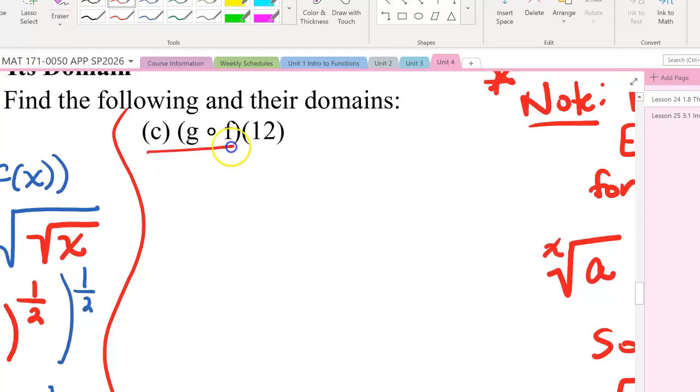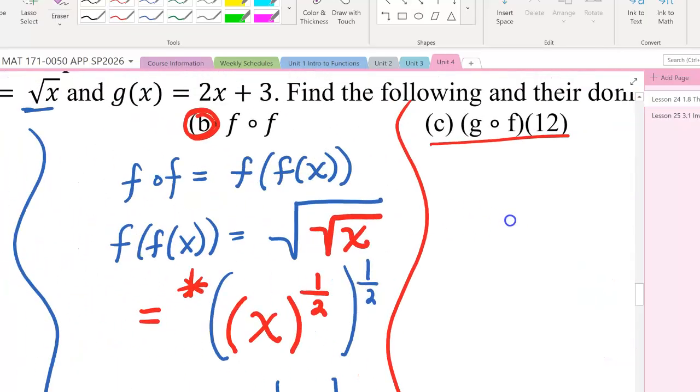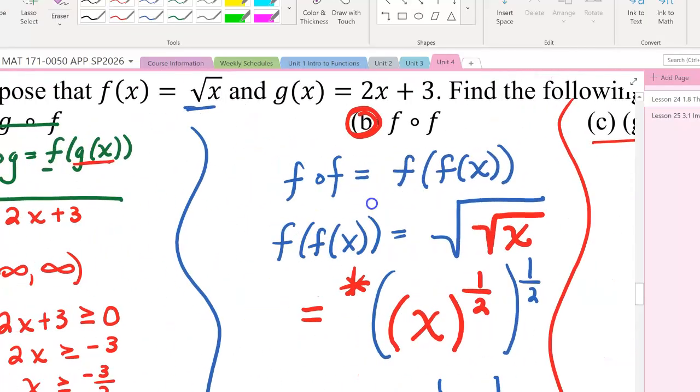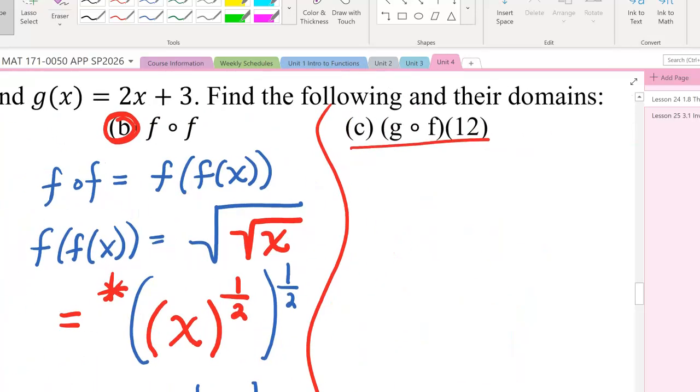For C, I just wanted to show you that we could do it the way we did on the front page, or we could find the composition first and then plug it in. So instead of doing g of f, let's change this to f of g as well, since I already found that.